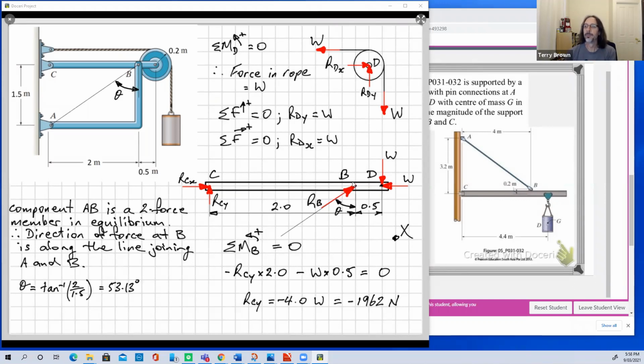Right. So when I was looking at my solution, I was thinking, well, hang on a second. If I've taken moments about point B and I've got W acting here, and W is 490 newtons, then, and my reaction over here, so here I've got 2, here I've got 0.5, does RCY need to be bigger or smaller than W?